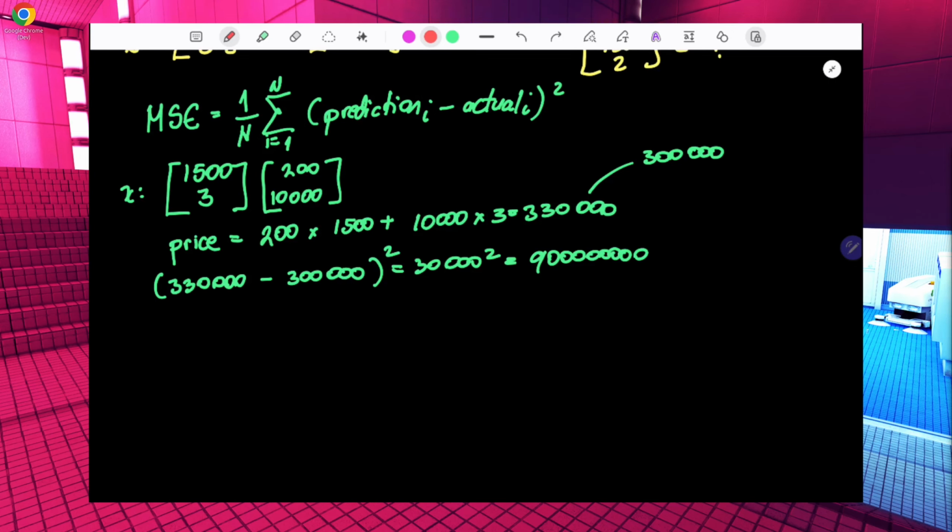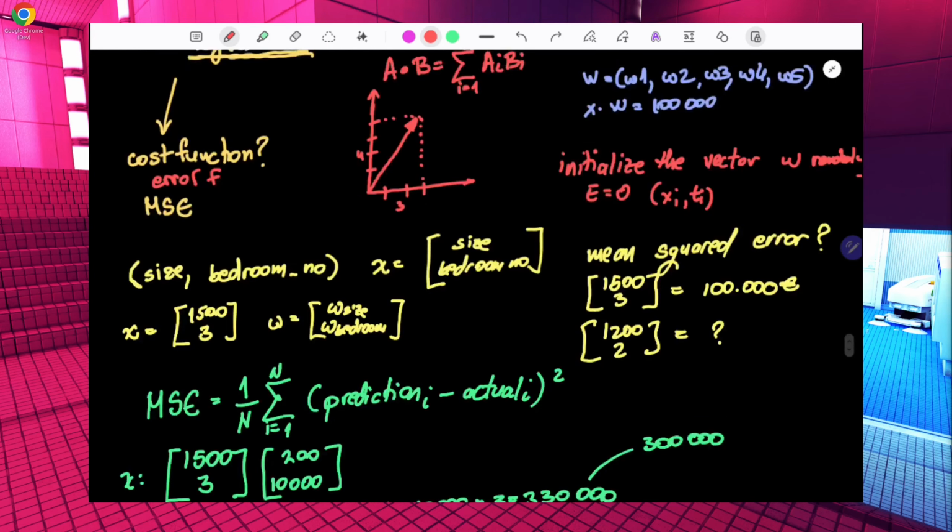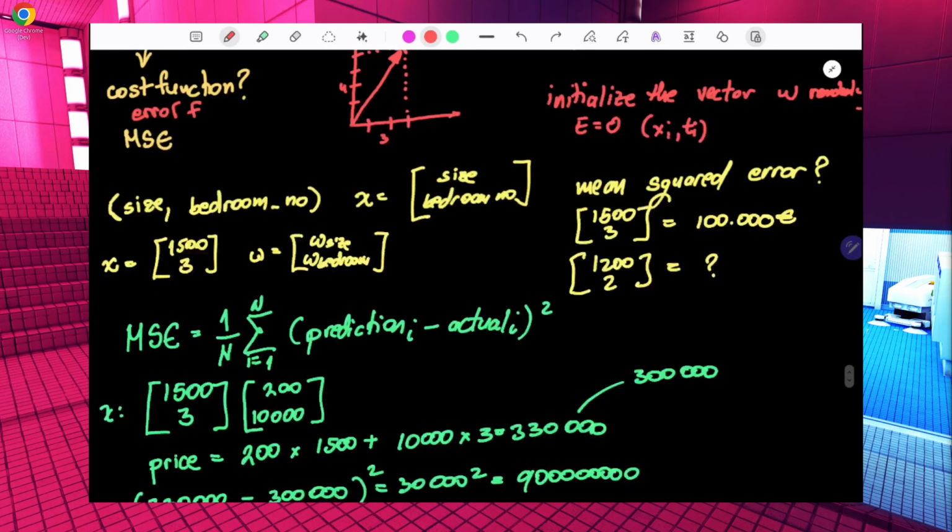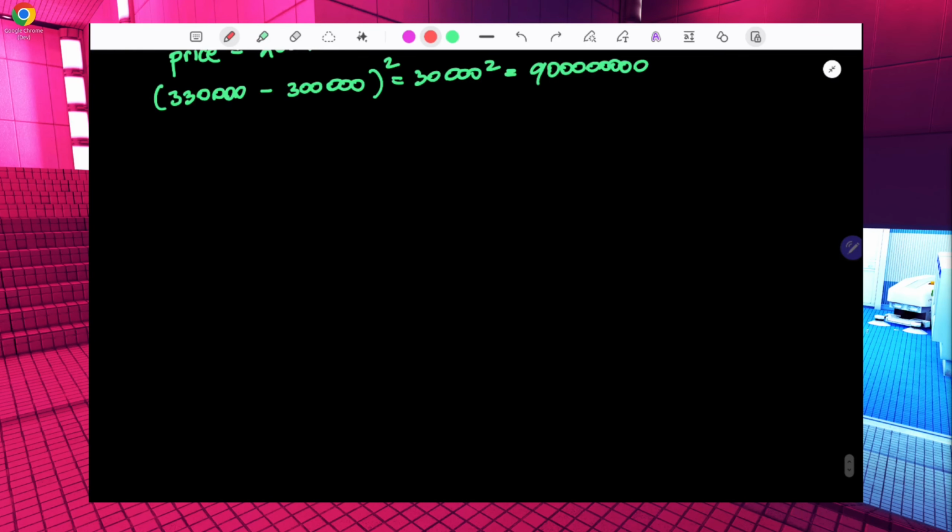Another example of regression is called logistic regression, and we use logistic regression in order to get categorical data.